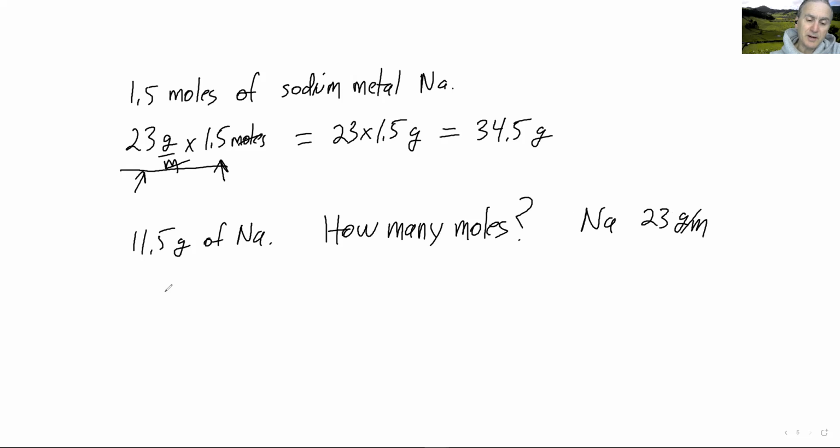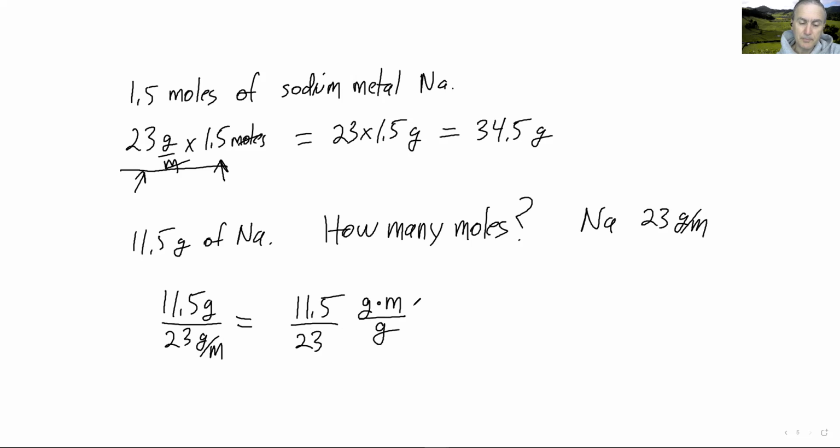So if we're just going to divide the mass, we would do 11.5 grams divided by 23 grams per mole, right? And that's going to equal 11.5 divided by 23. And then these units work out to be grams times mole over grams, right? And I'll go through what's happening here, but these are going to cancel. And this then just becomes 11.5 divided by 23 turns out to be 0.5 moles.